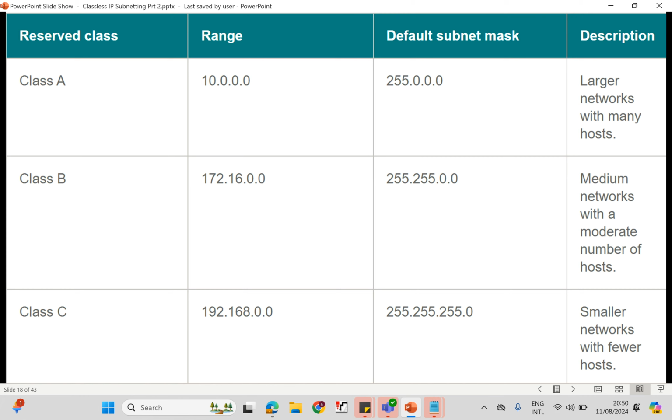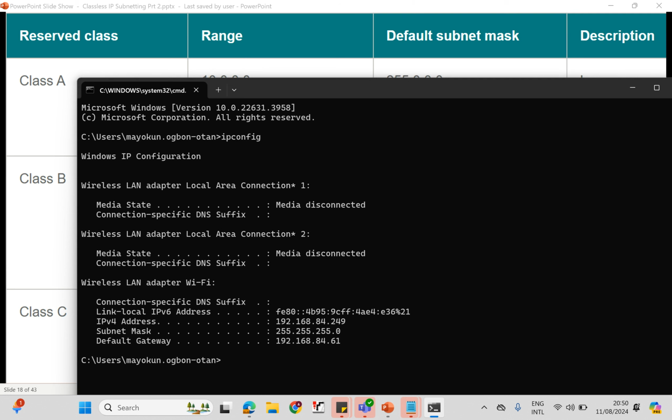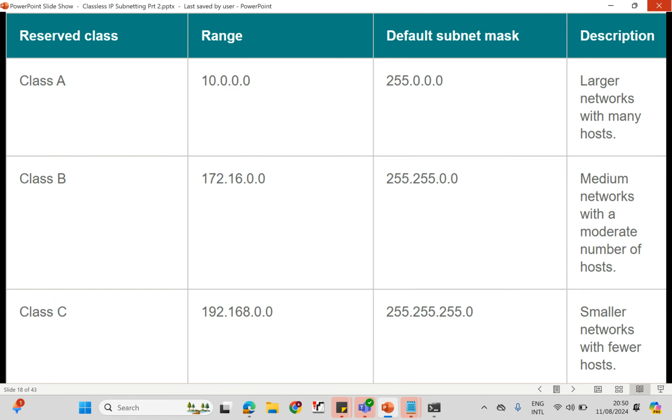Now, just sharing something, if I do ipconfig, you see my IP now, 192.168.84. So I am within this range, class C, smaller networks with fewer hosts.